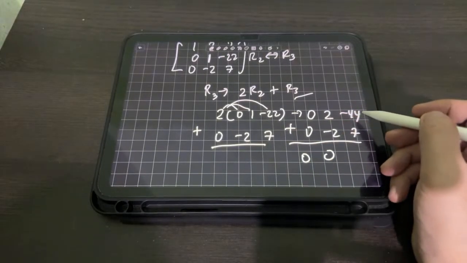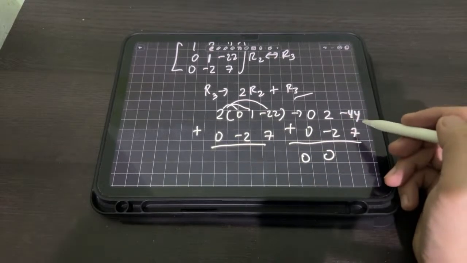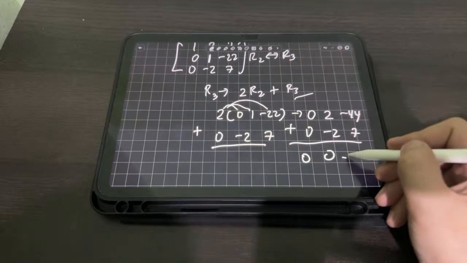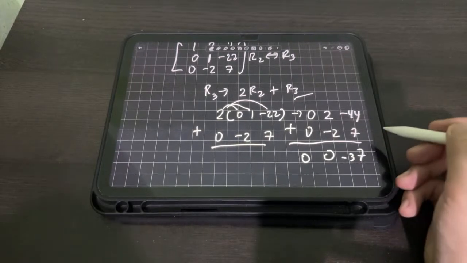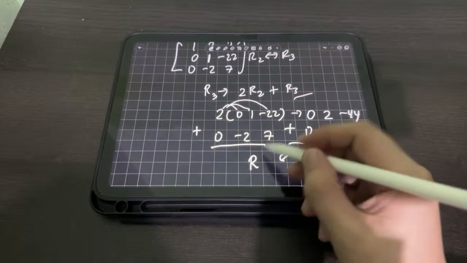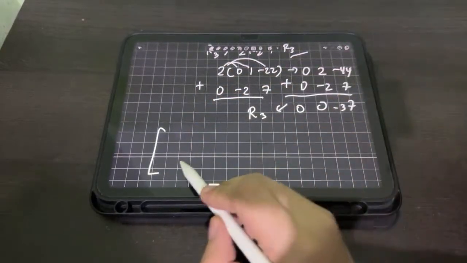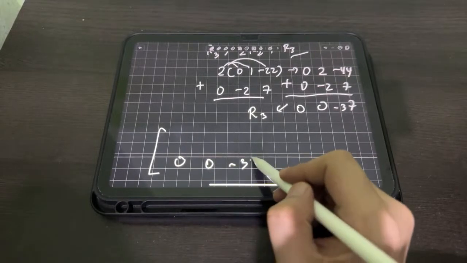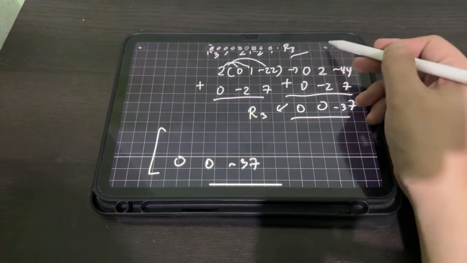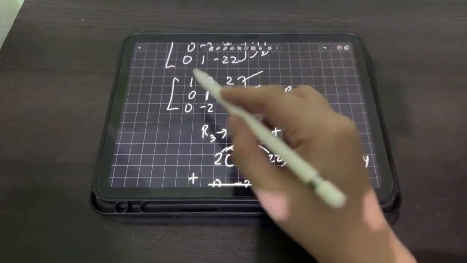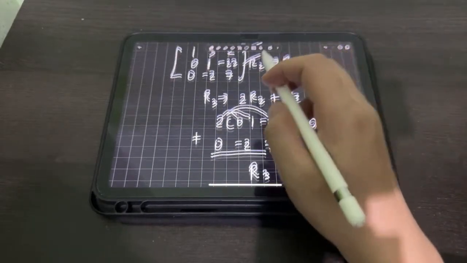Negative 44 plus 7 will be negative 37. So this will be the new entries in R3: 0, 0, negative 37. Then copy the entries in the first and second row, 1, 3, 2, 0, 1, negative 22.